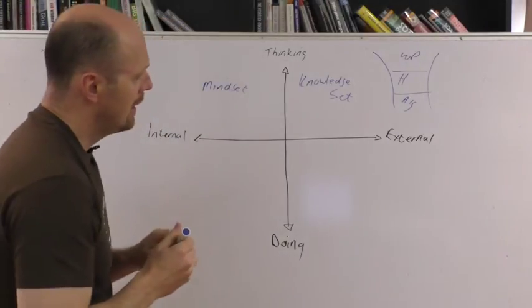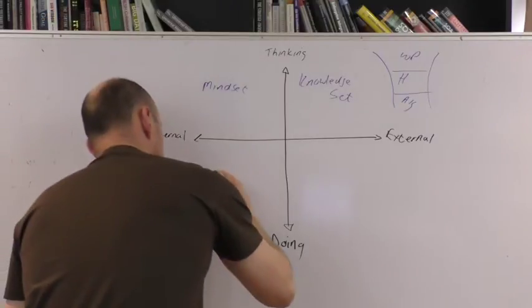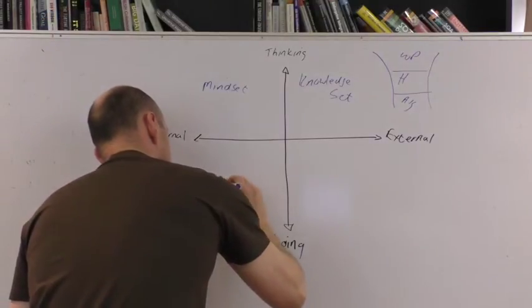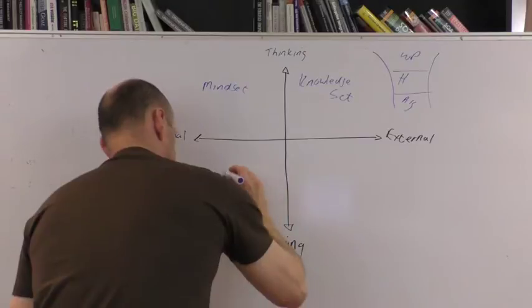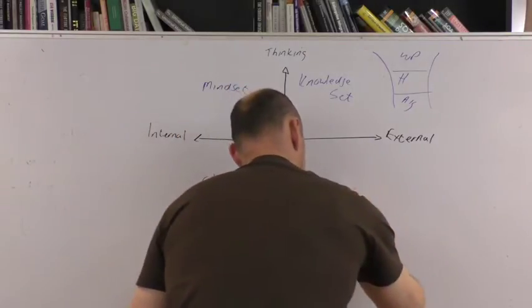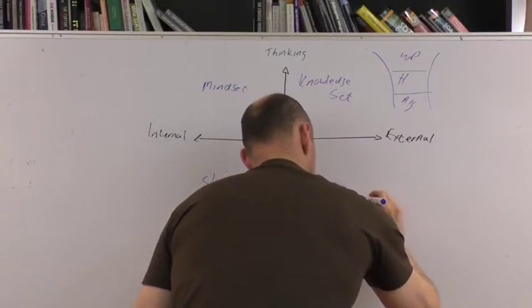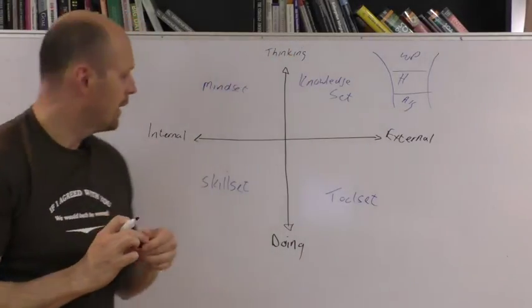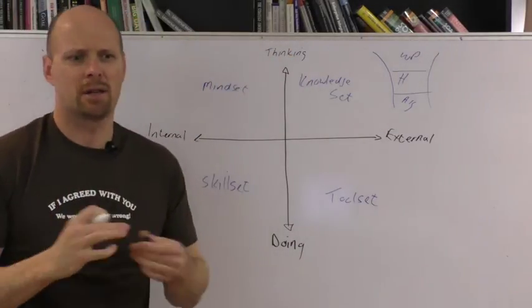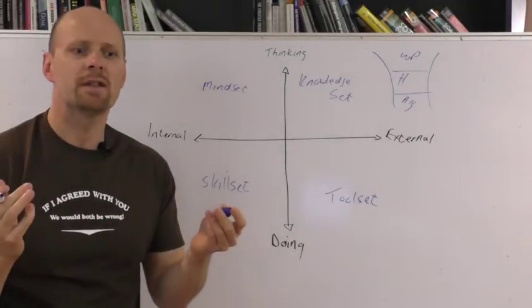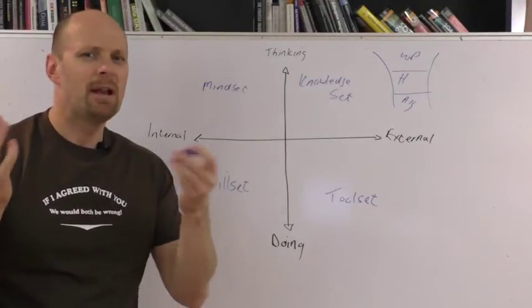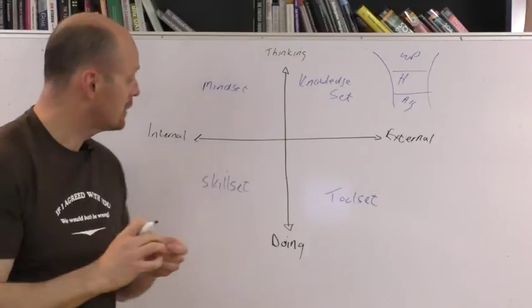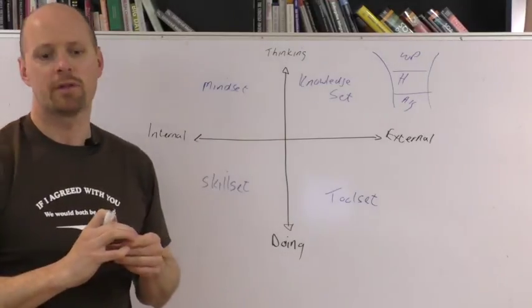Right now, what you've got on the bottom left is the skill set area. Right? And let's finish this off here and put the tool set in. So the skill set is really all about your practices, the general routines that you apply, things like capabilities that you might have, or competencies that you might particularly work with.